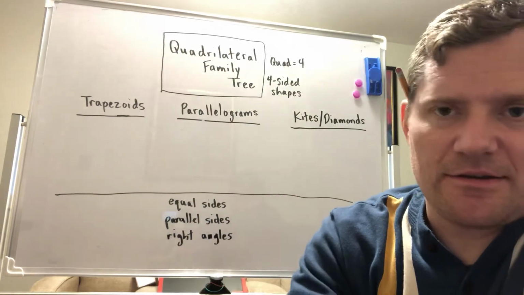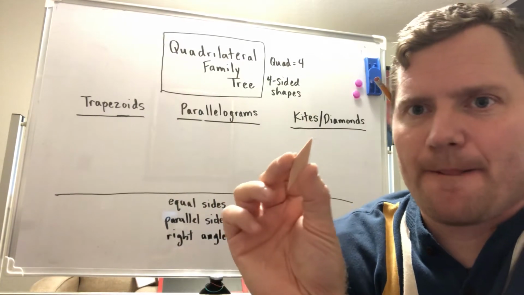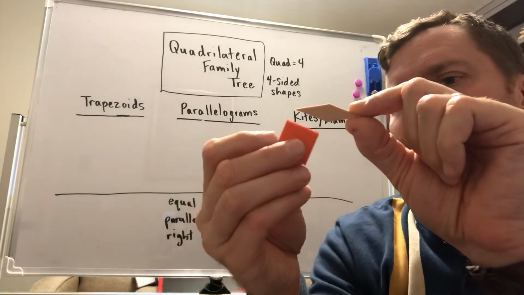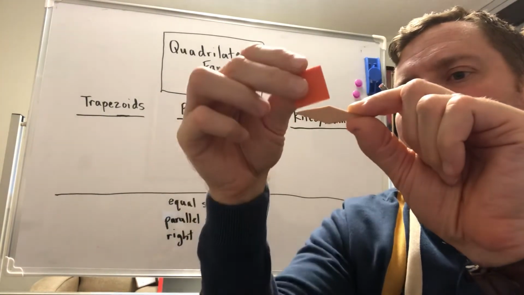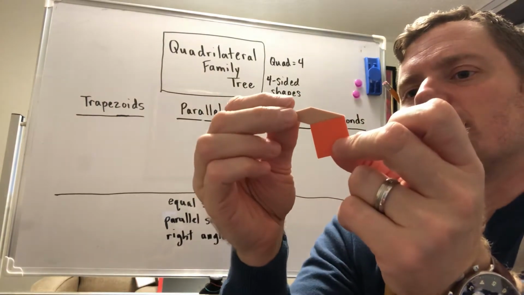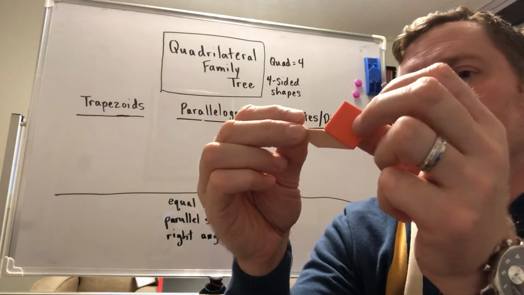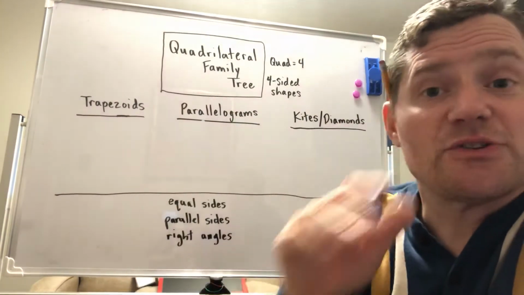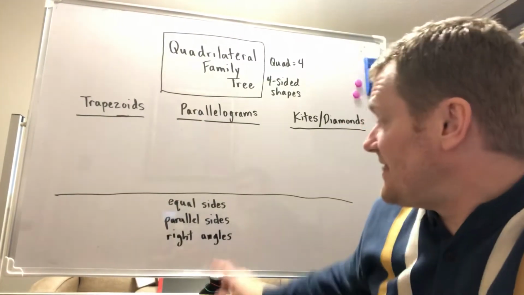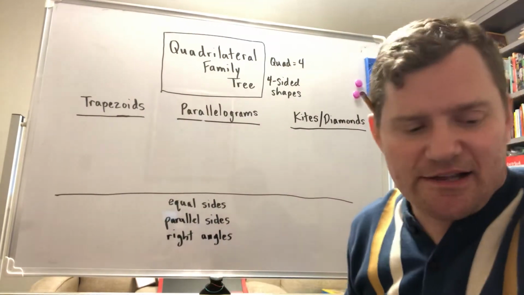All right, take a look at that one. Does that have equal sides? Well, let's take a look. Equal sides mean the sides are the same length. Got it? Okay.